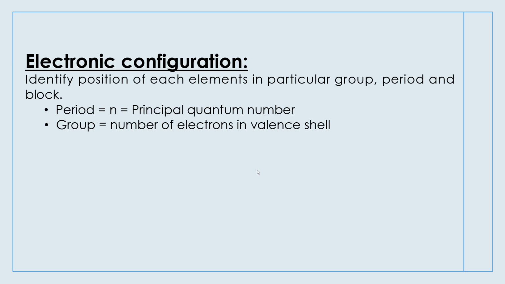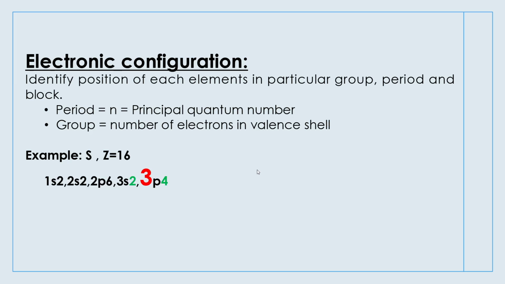So in electronic configuration, n is the principal quantum number, which depicts the period, where the group is depicted by the number of electrons in the valence shell. For example, we have sulfur and the atomic number of sulfur is 16. Atomic number is denoted by a capital Z.